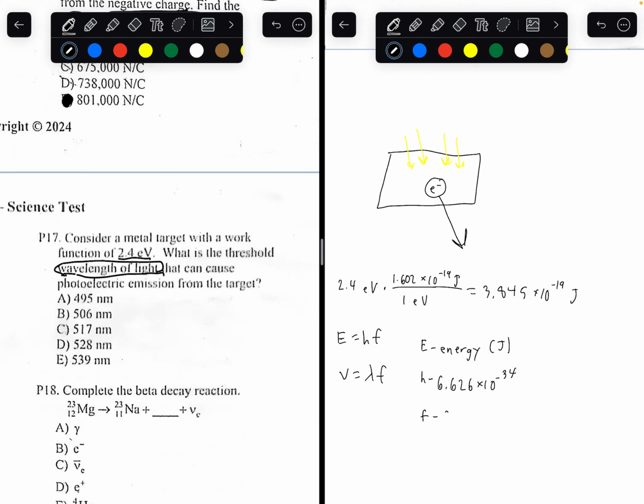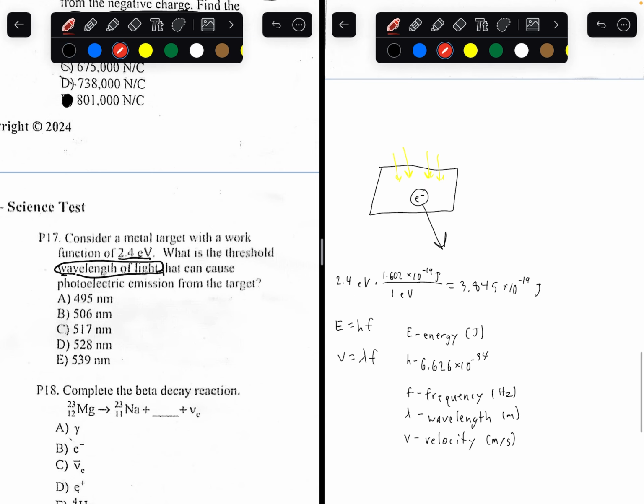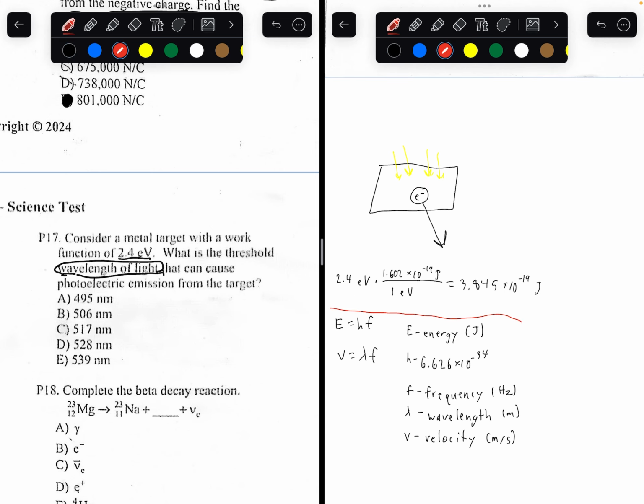Frequency is measured in hertz. Wavelength is measured in meters. And velocity is measured in meters per second. So now that we have all our measurements, these are the two formulas you need to know.